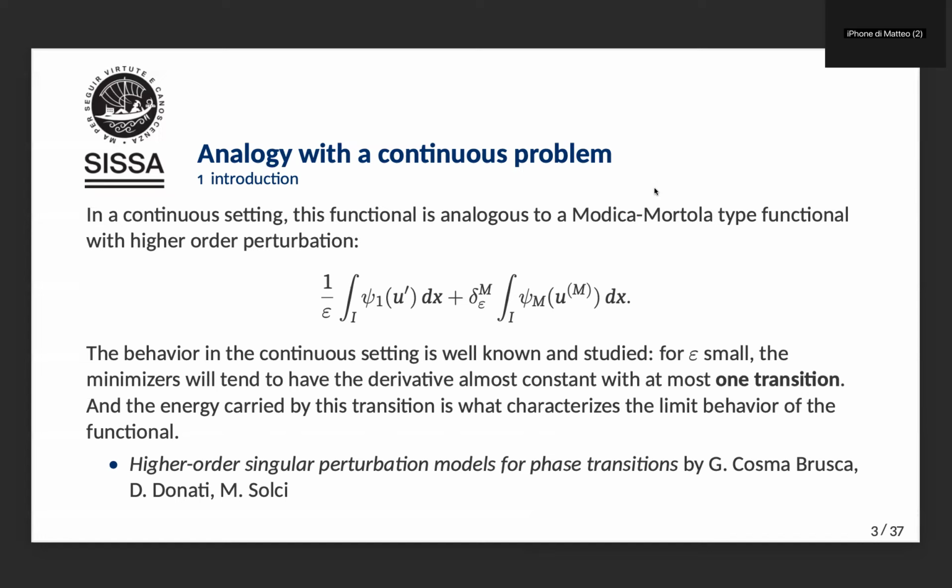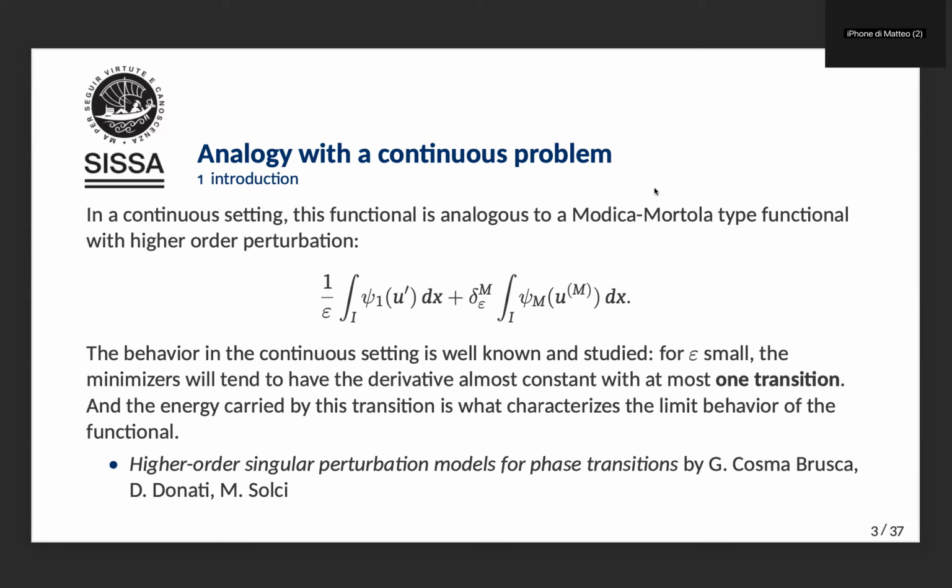I can even cite a paper by some of our fellow PhD students at SISSA, Giuseppe and Davide, in collaboration with Margherita Solci. And what happens in this problem? So if we try to analyze when epsilon becomes really small, what are the minimizers?